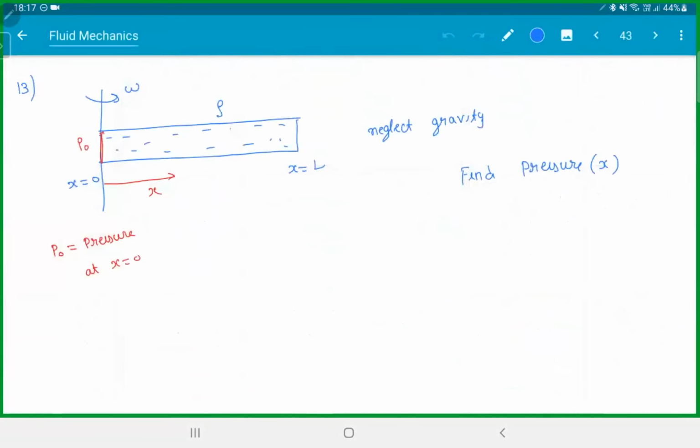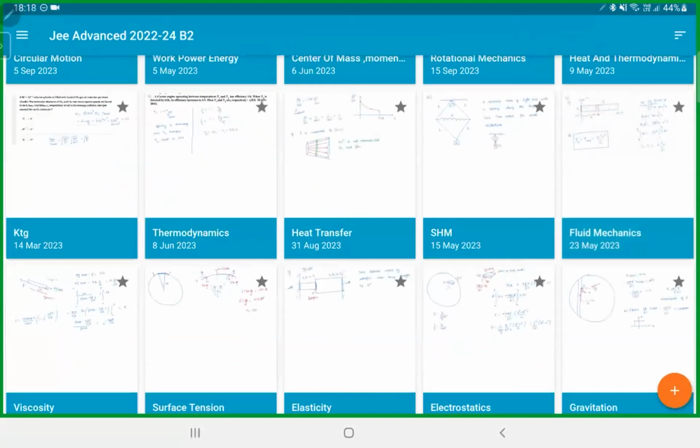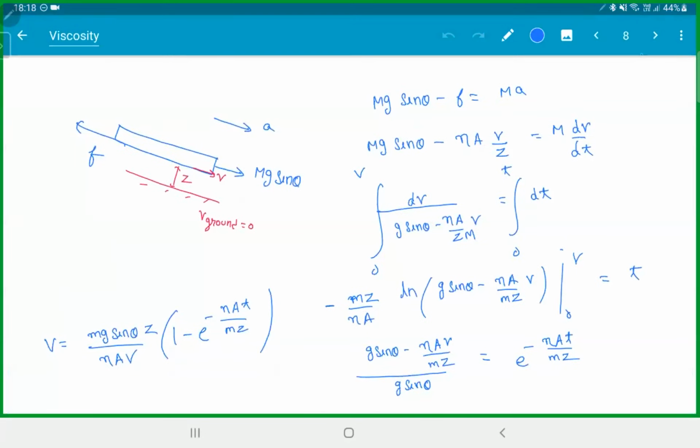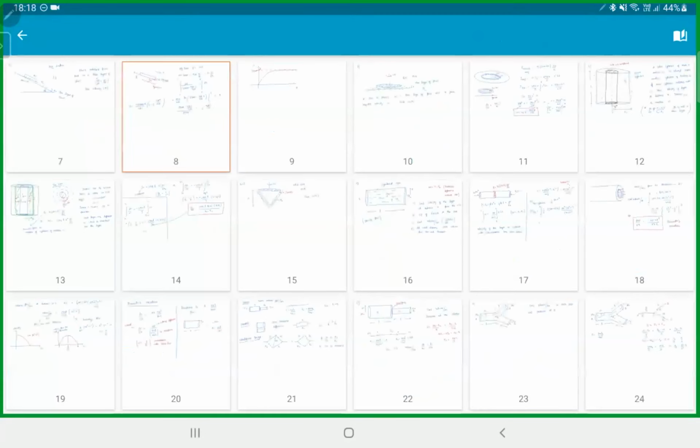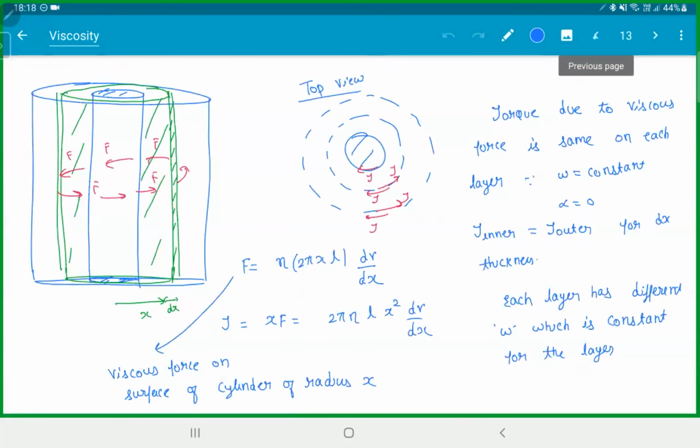Same question, similar question. We have a test tube filled with water and rotating with omega. Find the pressure inside the liquid. Idea was the same. You're getting it? It just doesn't stop at one place. This kind of question will keep coming in multiple places. Integrations, limits. You need to get used to it.